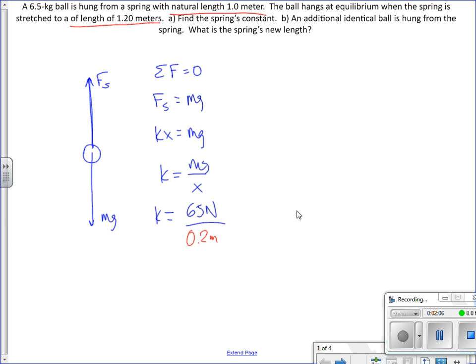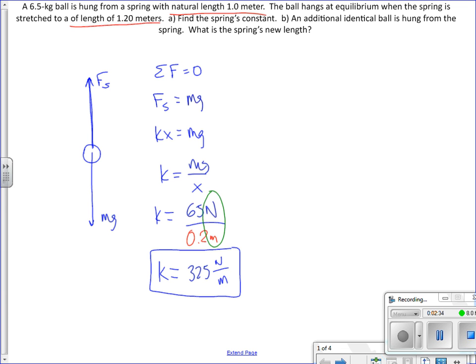The spring has been stretched 0.2 meters. So that's 325 newtons per meter. I never remember if k is in newtons per meter or newton meters. It's written right there. That's how you know.